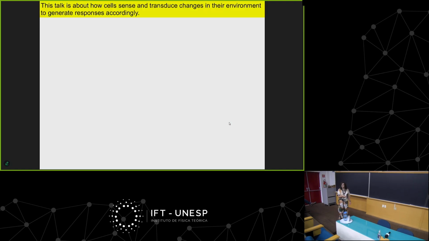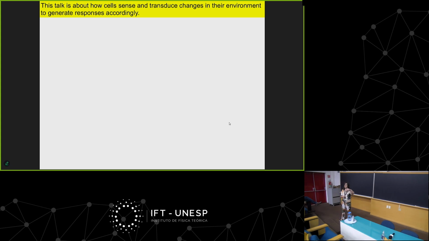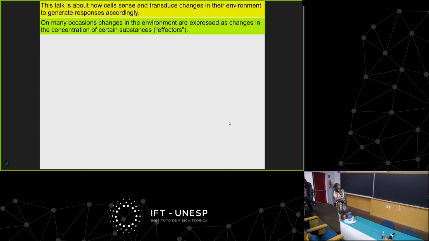Anyway, this is about how cells interact with their environment to generate responses. Usually what happens is some substance changes its concentration. It could be that it was absent and suddenly it appears, or it can be that it changes its concentration in the environment.